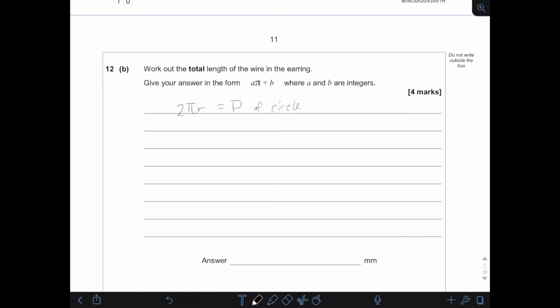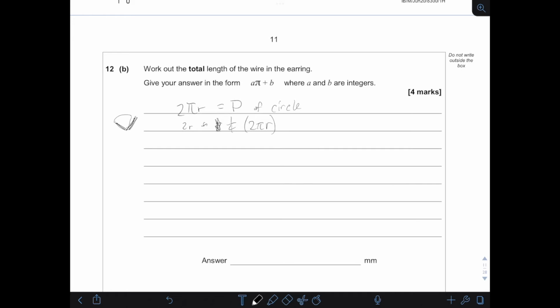And for the quarter circle, we have 2 lots of radius as these 2 lines, and then we have 1/4 of the circumference, which is 2 pi r.